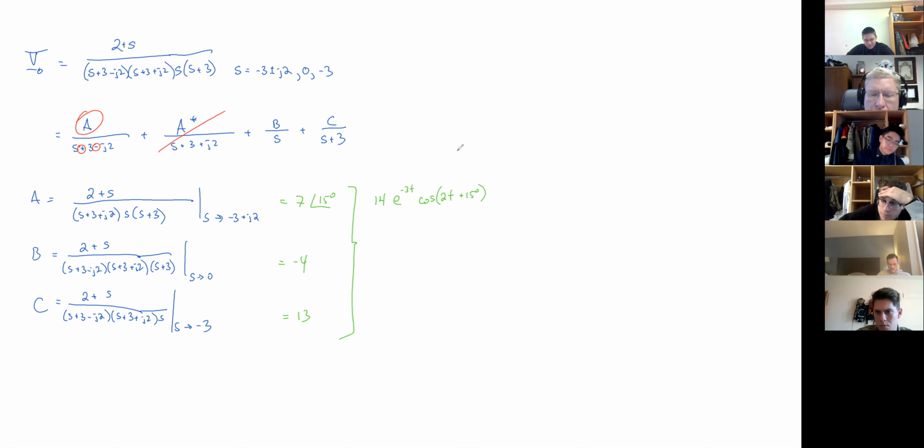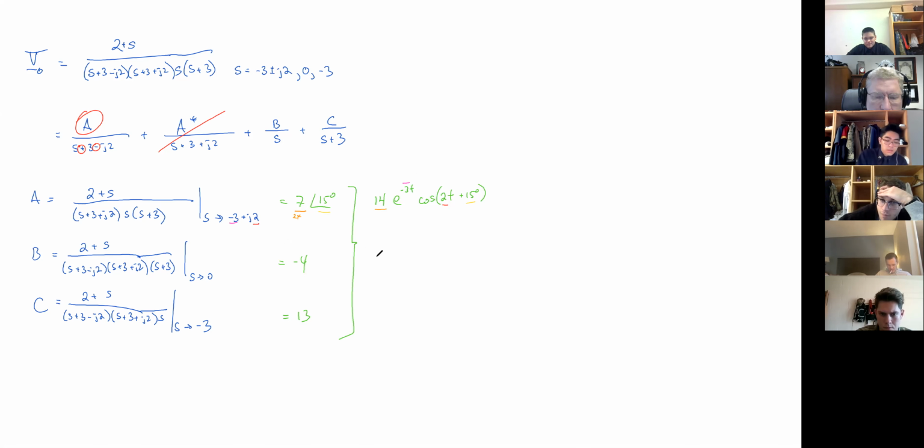So in other words, this 2 corresponded to the imaginary part. This 15 corresponded to that 15. This 14 was 2 times that 7. And the last part is this -3 corresponded to that -3.